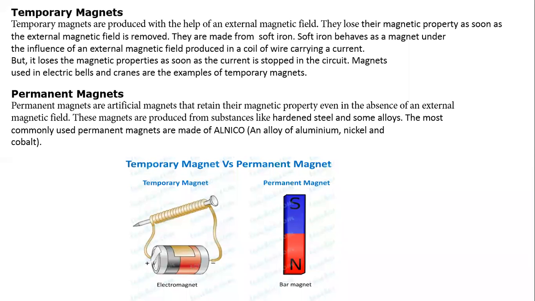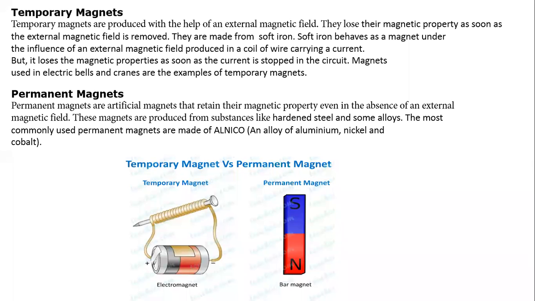Okay, and permanent magnets are artificial magnets that retain their magnetic properties even in the absence of an external magnetic field. These magnets are produced from substances like iron, steel, and some alloys.